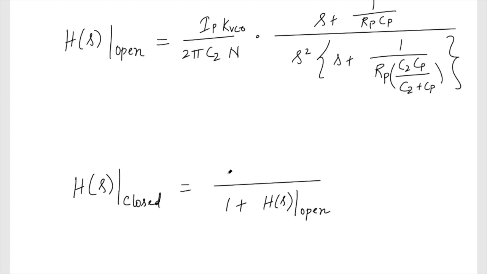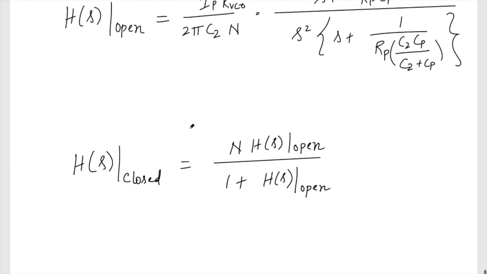Since beta is 1 by N, 1 by beta is N, so the closed loop response is N into H S open over 1 plus H S open. Sometimes we write this H S open also as the loop gain, but both are fine. With this, we'll end the discussion here.